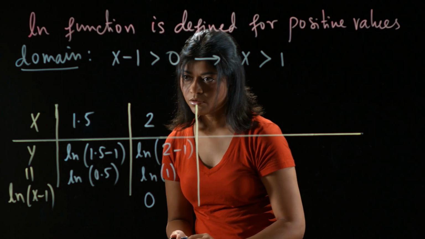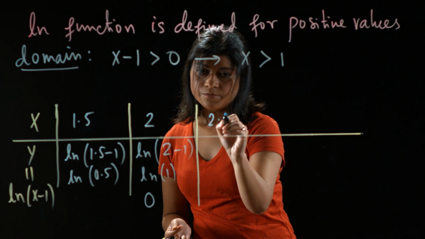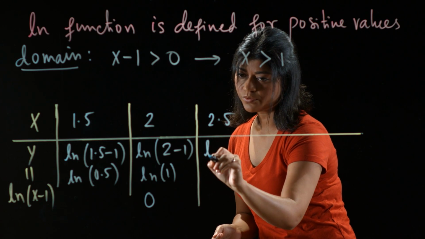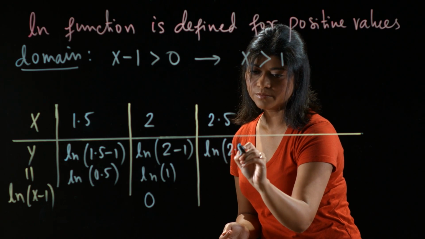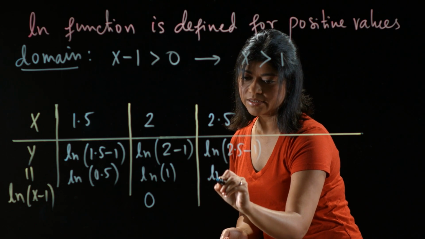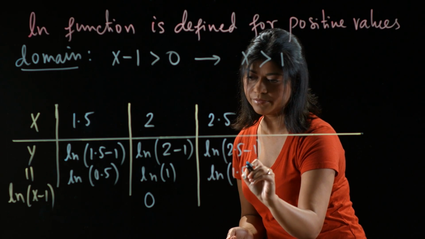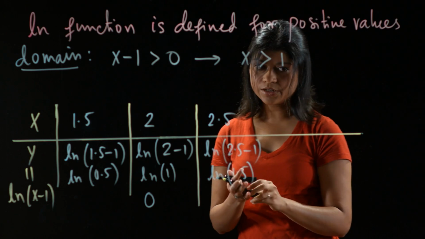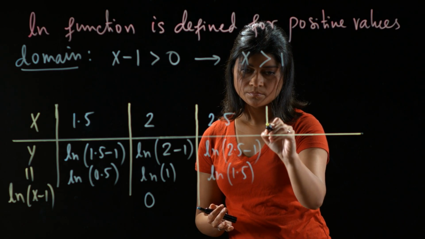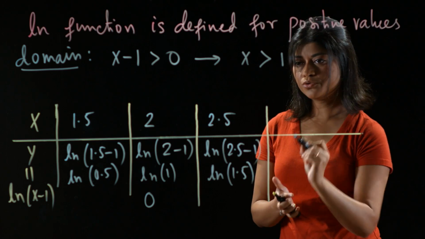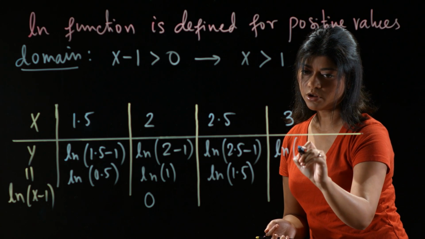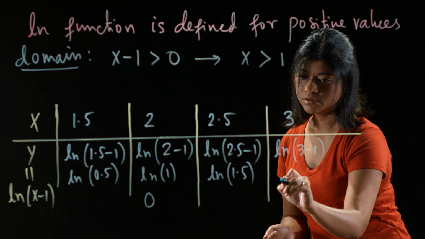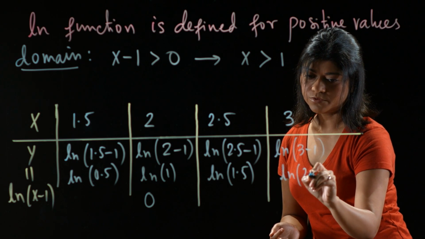Okay. Let's plug in 2.5 for x. So, we get natural log of x minus 1, so 2.5 minus 1, that is natural log of 1.5, and we have to figure that value again. Let's choose 3 for x. So, we have natural log of 3 minus 1, which is natural log of 2.